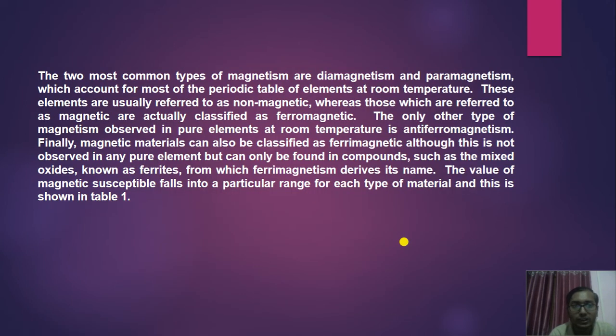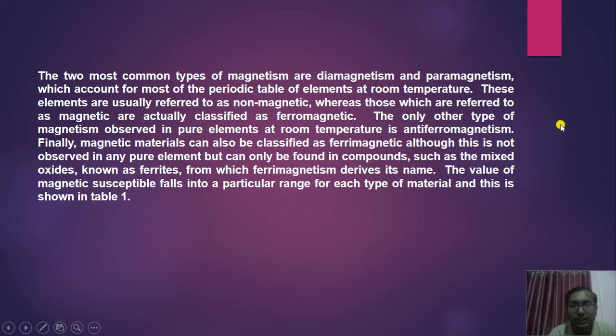Basically the two most common types of magnetism are diamagnetism and paramagnetism, and these two combined are known as non-magnetic materials. Whereas the ferromagnetic materials are known as the magnetic materials. The only other type of magnetism observed in pure elements at room temperature apart from these 3 is antiferromagnetism.